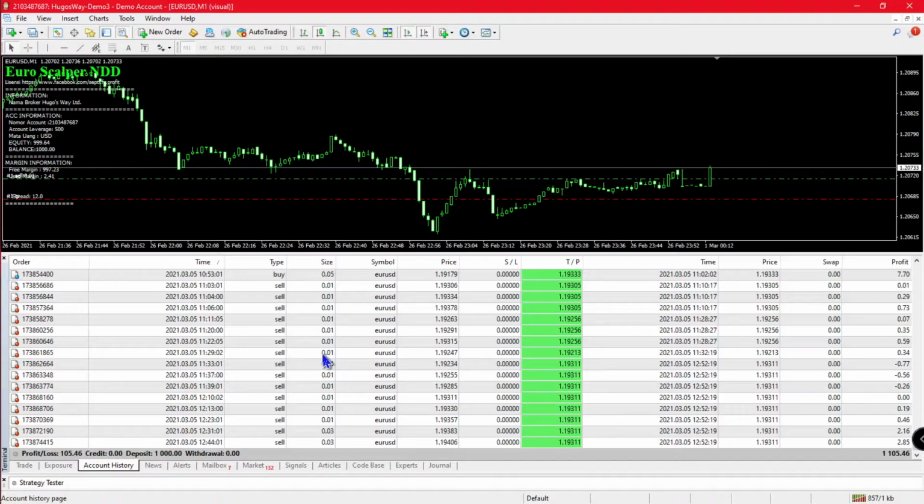So if you were to start off with 0.02, this profit would be double. But the thing about the martingale strategy is the larger the positions, the higher your drawdown will be.